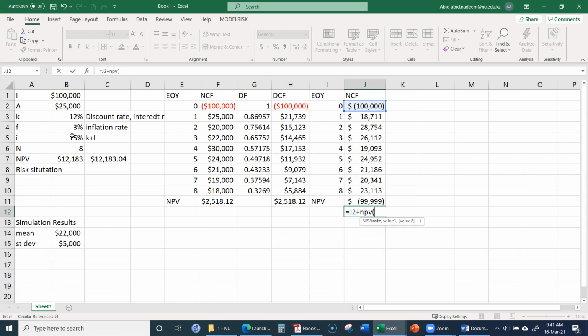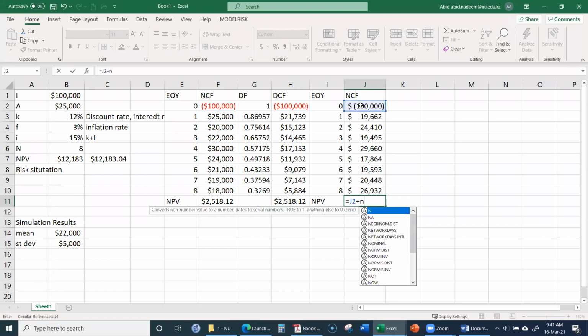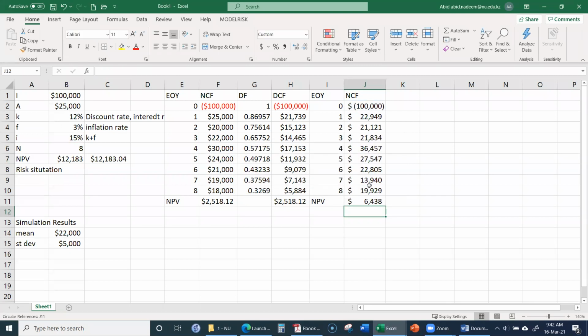NPV, the rate is 15%, and then the values are this one. So it is $8,085 in this case. No, I made a mistake again. Okay, this value is equal to minus this first value plus the NPV. The rate is 15%, and these values are here. So it is $6,438 in this case.